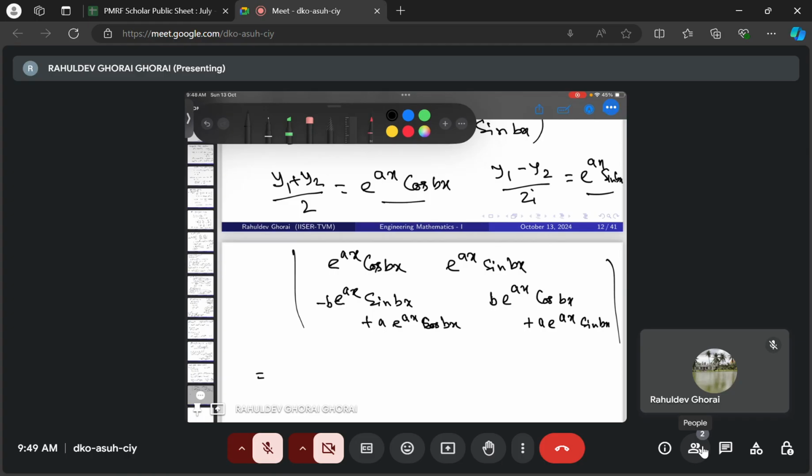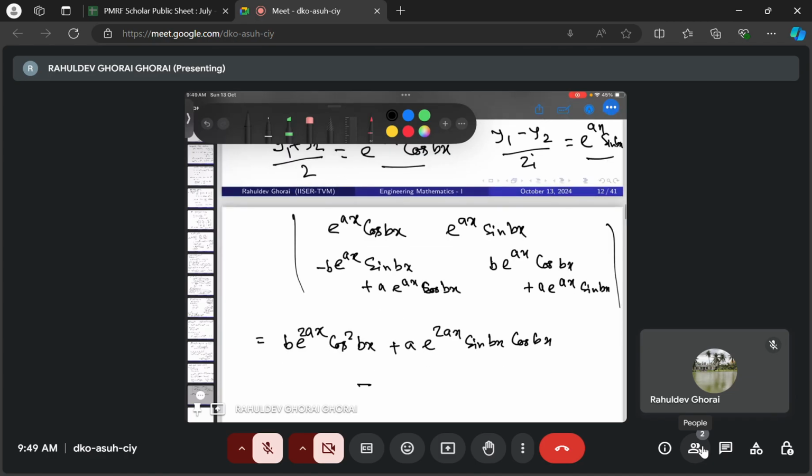So this will give you b times e to the power 2ax cos square bx plus a times e to the power 2ax sin bx cos bx, minus of minus b e to the power 2ax sin square bx plus a e to the power 2ax sin bx cos bx.